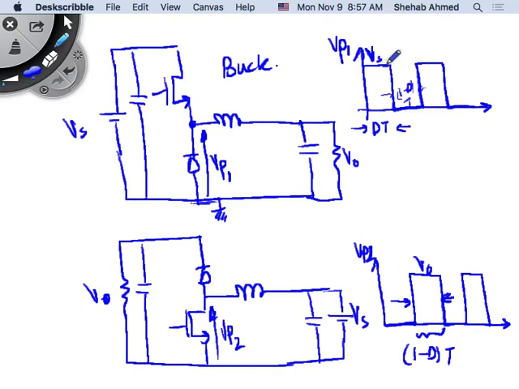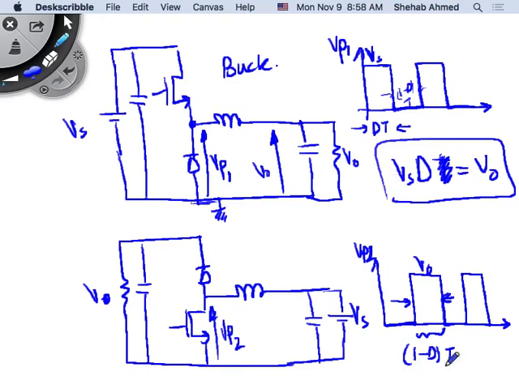Peak value multiplied by the duty ratio. So peak value is Vs, multiplied by the duty ratio d. It's duty ratio, it's not time. So it's Vs times d. This average value is what's going to appear here. In this case, it's equal to V output. Do we agree?